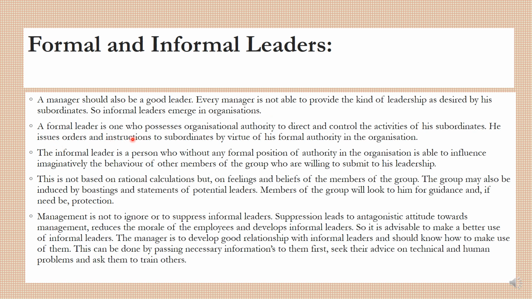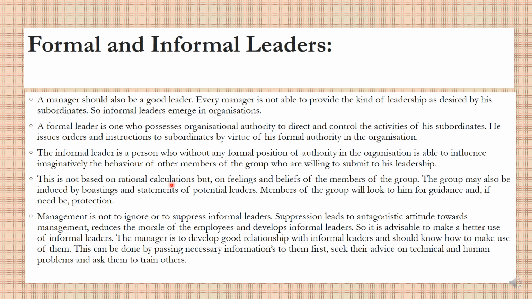A formal leader is the one who possesses organizational authority to direct and control the activities of his subordinates. He issues orders and instructions to subordinates by virtue of his formal authority in the organization. The informal leader, on the other hand, is a person who, without any formal position of authority in the organization, is able to influence imaginatively the behavior of other members of the group who are willing to submit to his leadership.